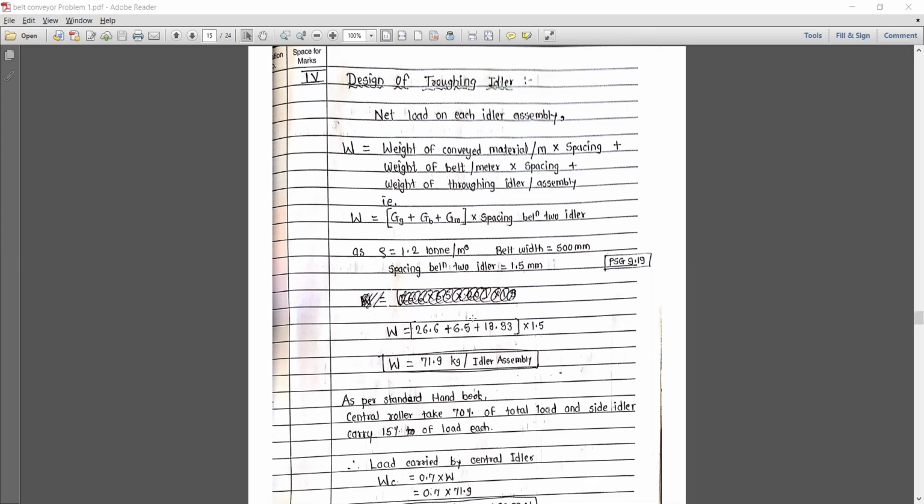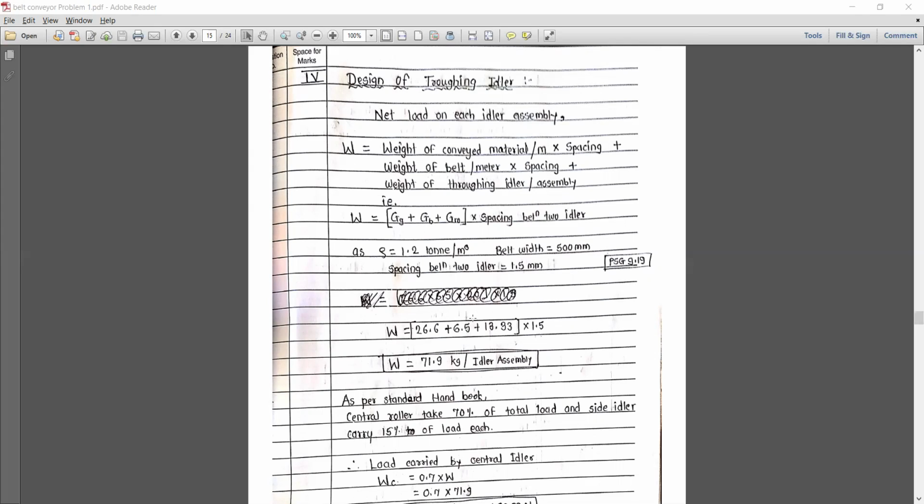In the numerical, this can be concluded as W is equal to GG plus GB plus GRO into the spacing between two idlers. The density rho is 1.2 ton per meter cube, and the belt width is 500 mm.